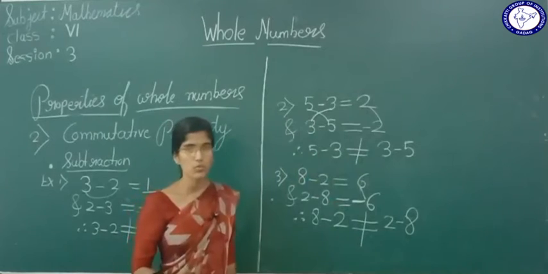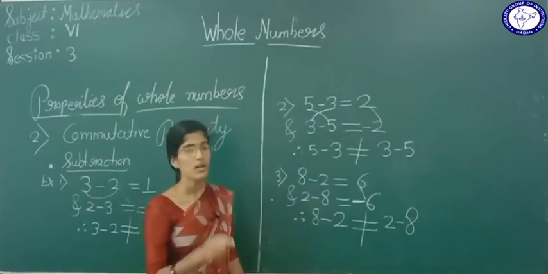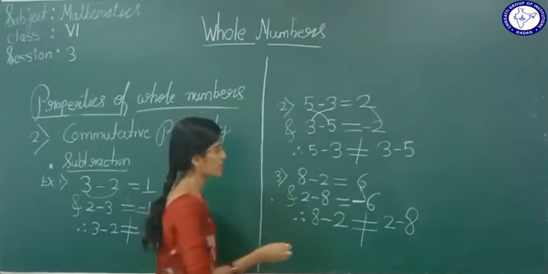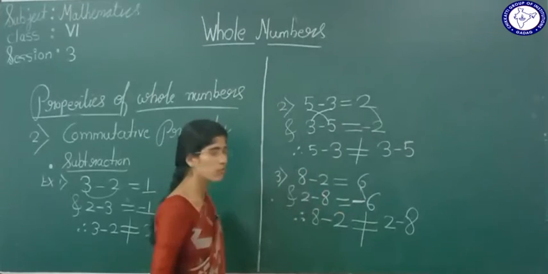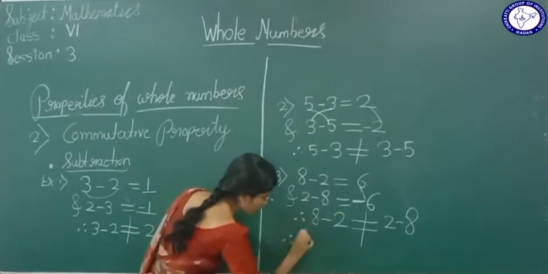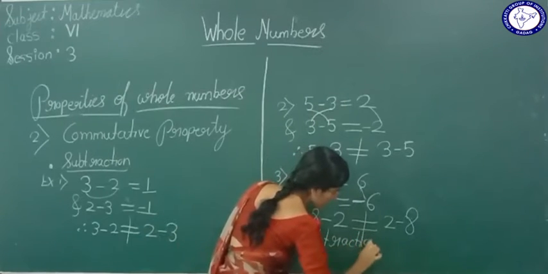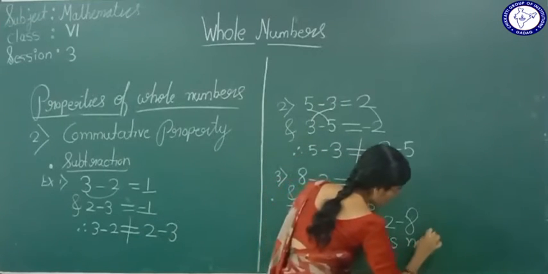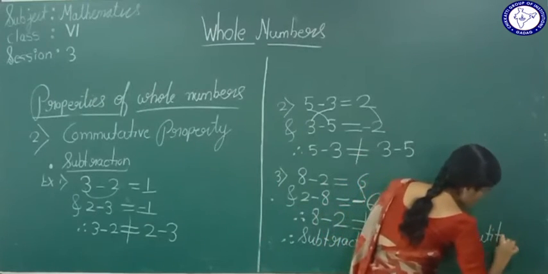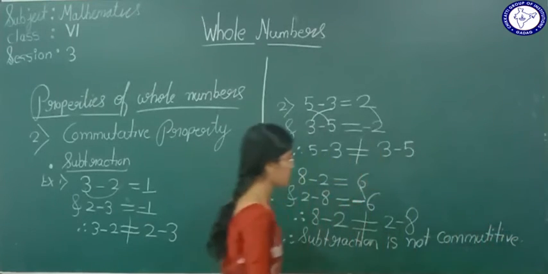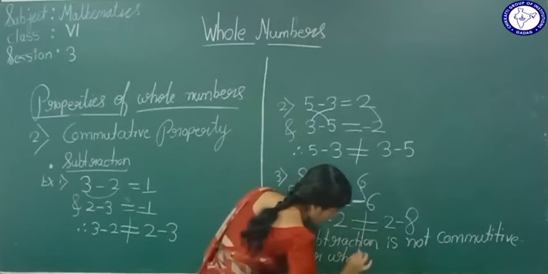In commutative property, if you interchange the position of the number, the answer should come same. But the answer is not coming same. Therefore, what can we tell? Therefore, subtraction is not commutative for whole numbers.